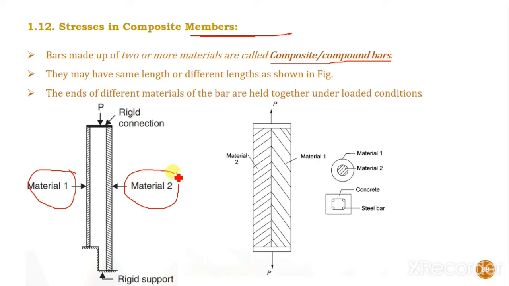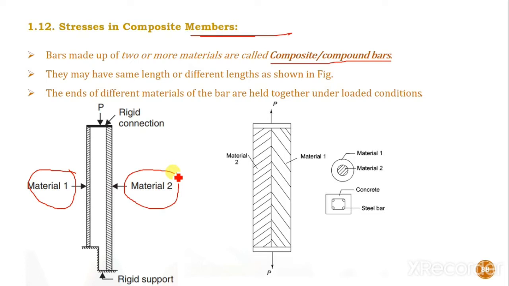As you know, the usual example of such a compound bar is a concrete column. The column is made up of concrete, which is material one, and steel bars, which is material two.